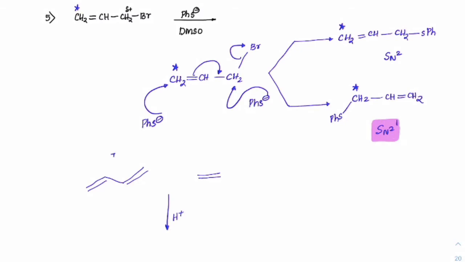Tell me, between 1 and 2, whose rate will be faster? It is not just about H plus, any type of addition, because alkenes usually go for electrophilic addition, not nucleophilic addition, right? This is what we have learned in addition reactions.